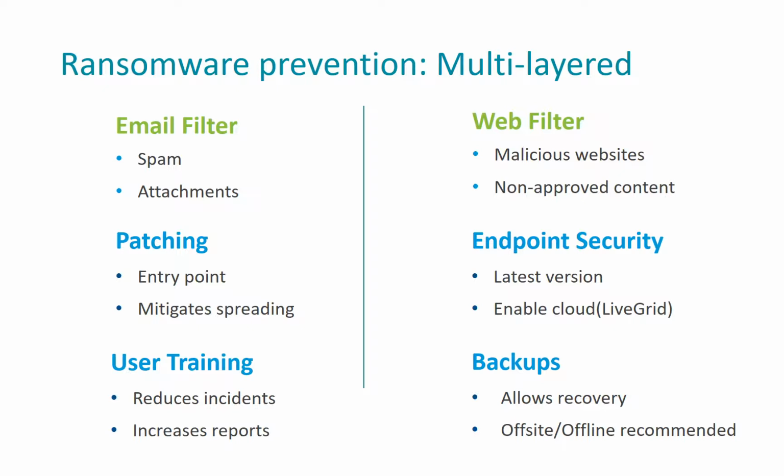Next, web filters. By implementing a web content filter, you should be able to block malicious websites, as well as any website you deem inappropriate for work use. Filtering internet access can help to reduce the infection rate of your organization. Next, patching. As we saw with WannaCryptor, an unpatched system allows the ransomware to enter the system as well as spread from system to system.